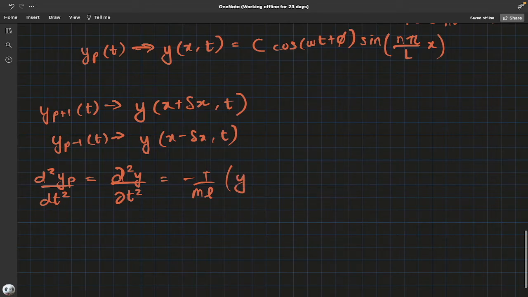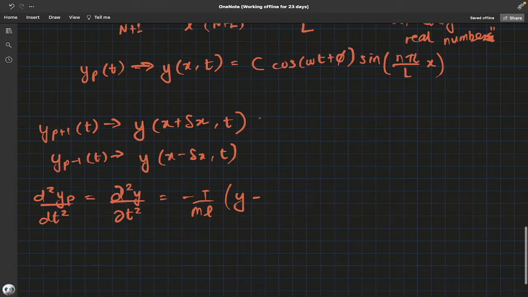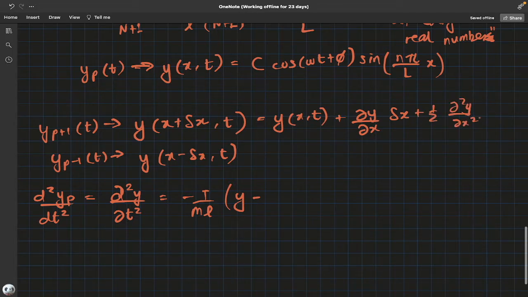So we have yp, that's just y, minus y sub p plus 1, which we can Taylor expand clearly to be y plus partial y with respect to x times delta x, plus 1/2 second derivative. Let's do a second order approximation.